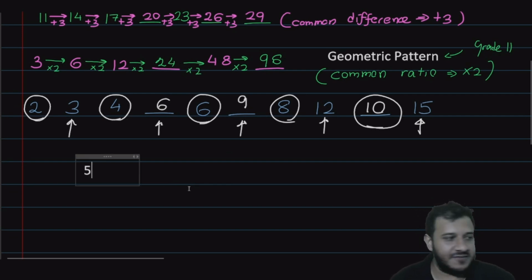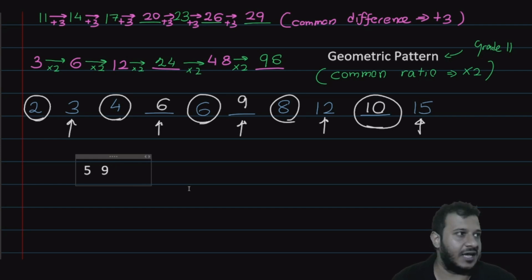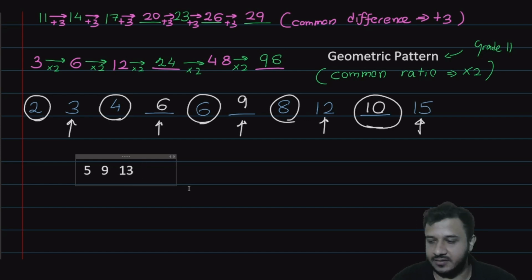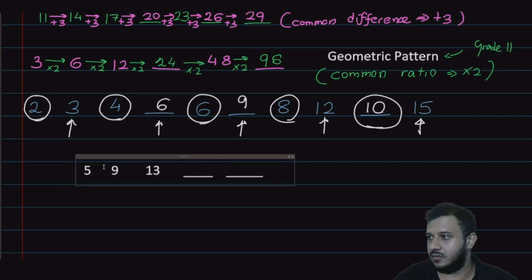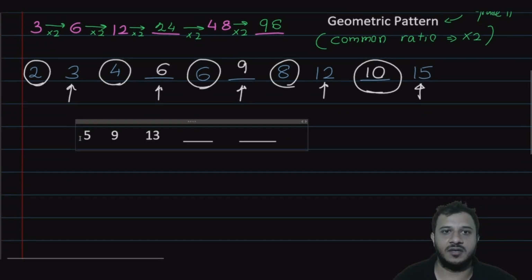Let's say there was a number pattern like this: 5, 9, 13, and then blank. Write down with me.